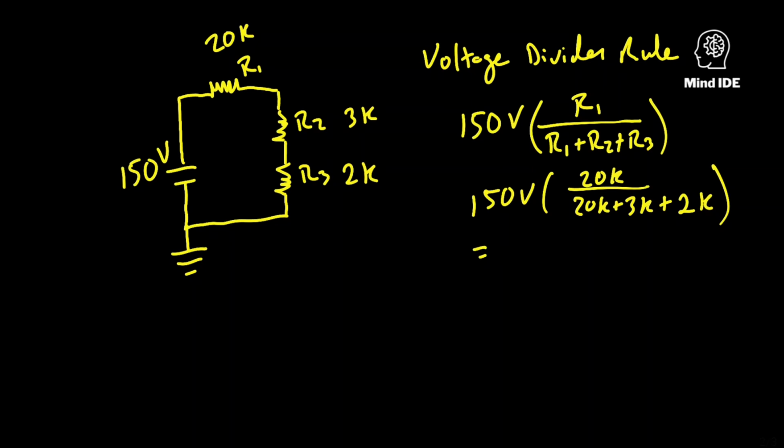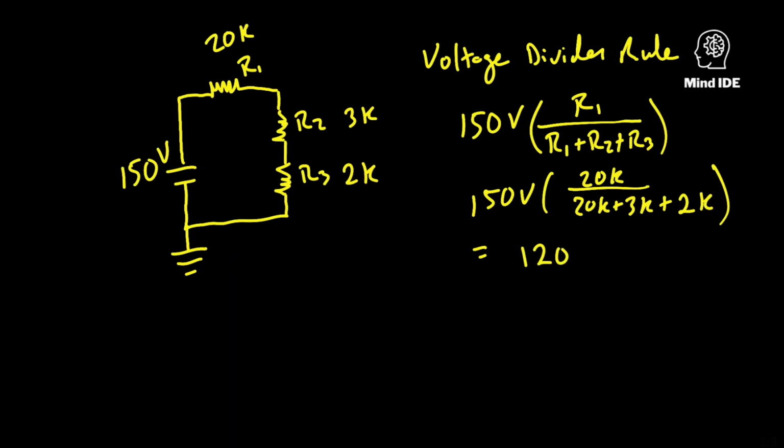Which is going to be 20 over 25, which is 120.